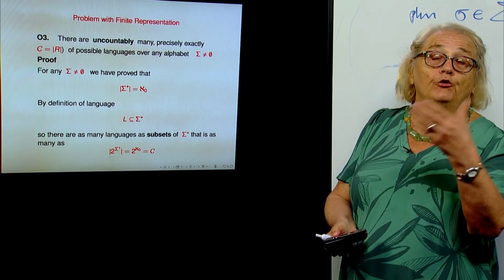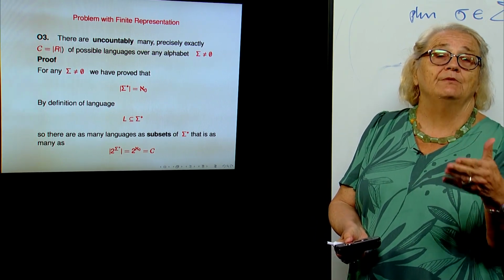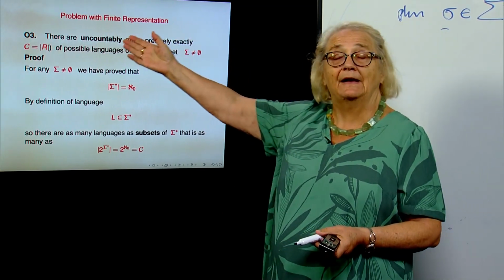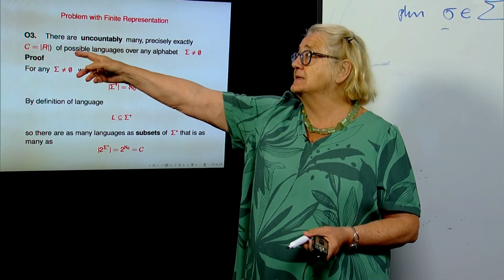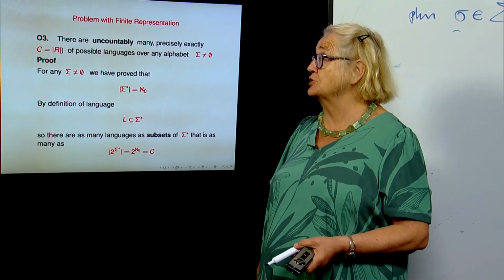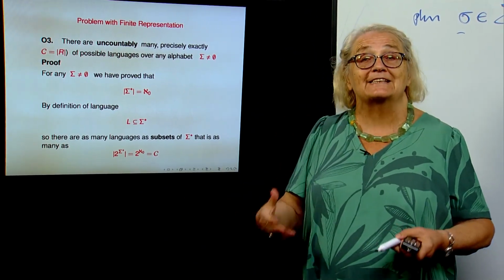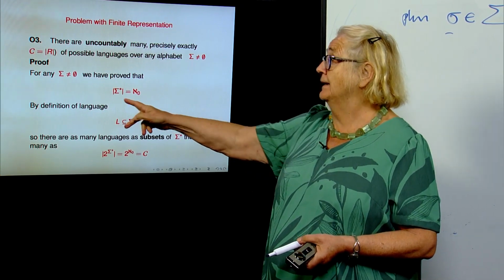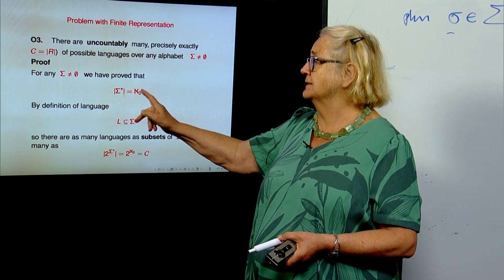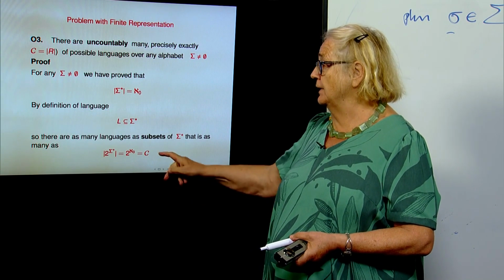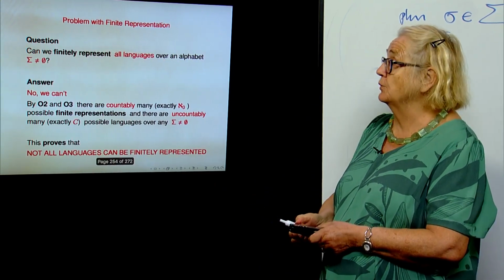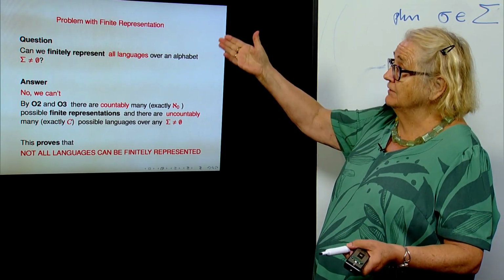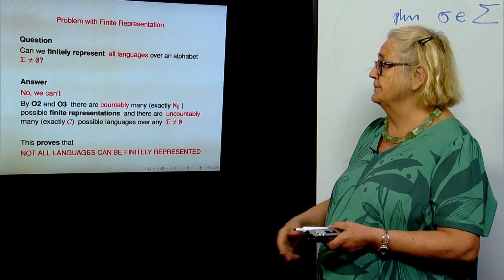So of course, not all languages can be finitely represented, because we know that there are uncountably many, exactly as many as real numbers, of possible languages. So we can only represent certain languages, right? And we proved that all strings are Aleph 0, so we have a continuum of languages, so we cannot represent finitely all languages.